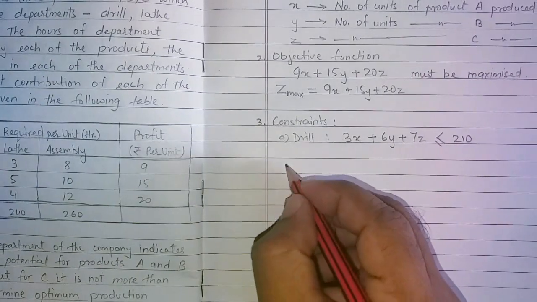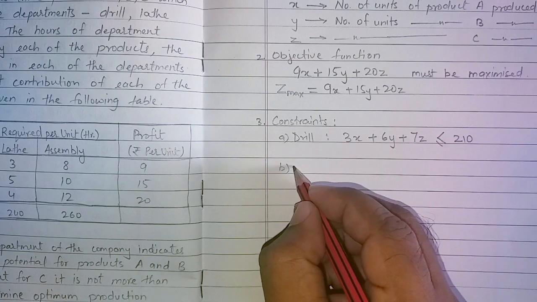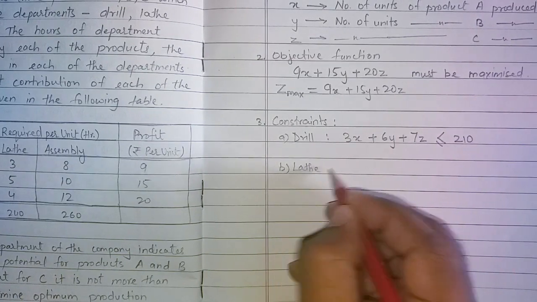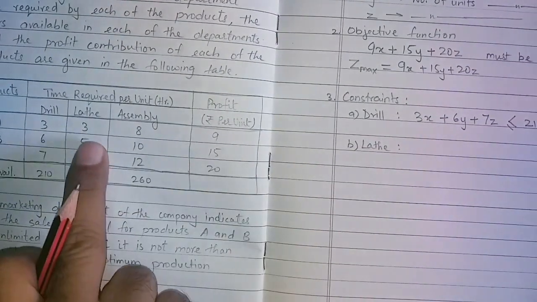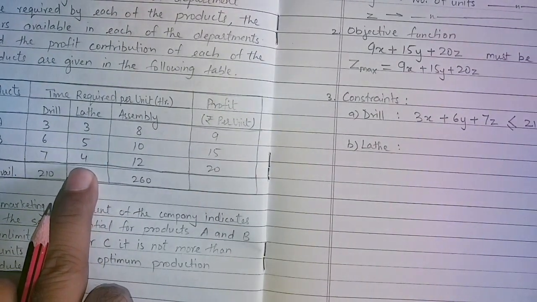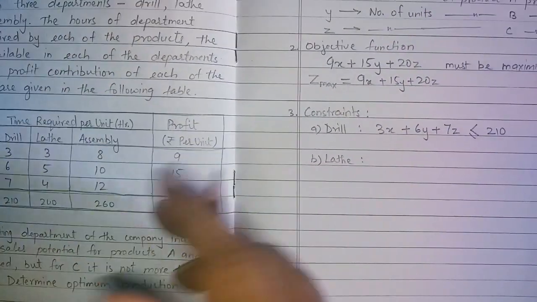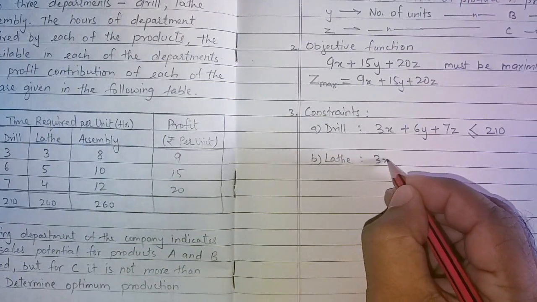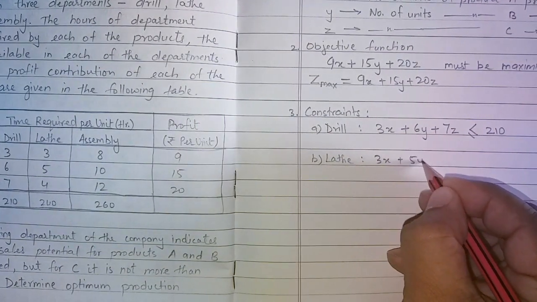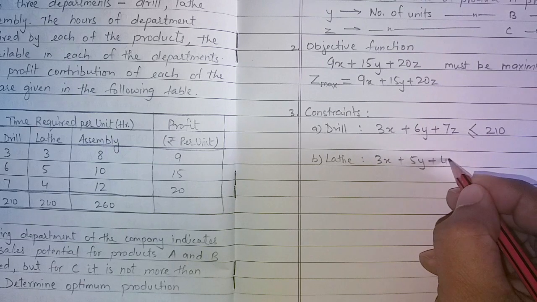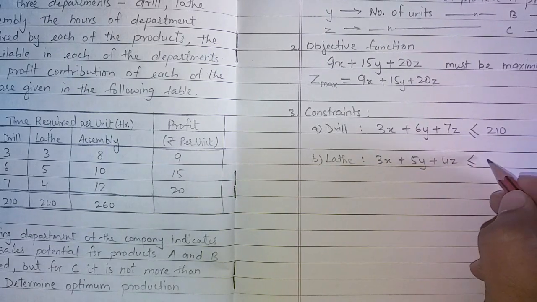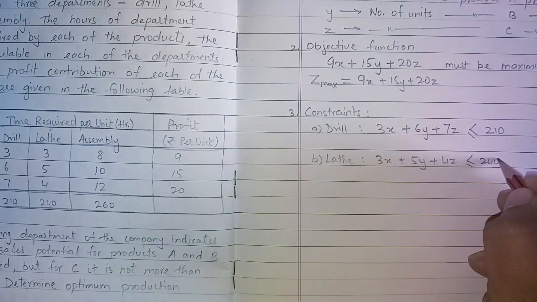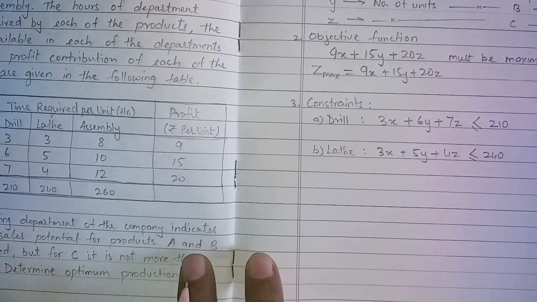The second constraint is for lathe. Again, referring to this table here, we have 3x plus 5y plus 4z. Again, it is a maximum, less than or equal to 240 hours.